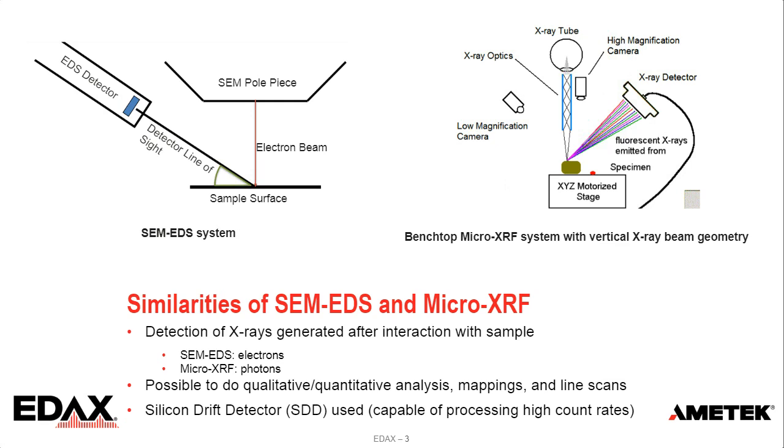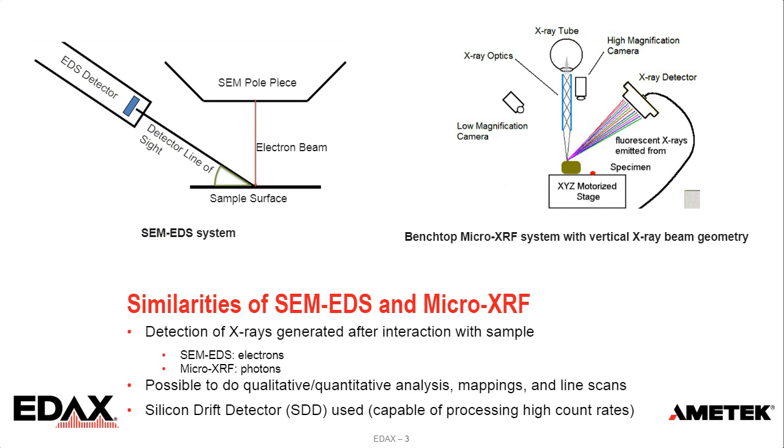I have to mention that there are different setups, like the X-ray optic geometries for benchtop Micro-XRF. In this case, I'm showing you that the X-ray optic is with a vertical beam geometry. So for this geometry, the X-ray is straight down, perpendicular to the sample.